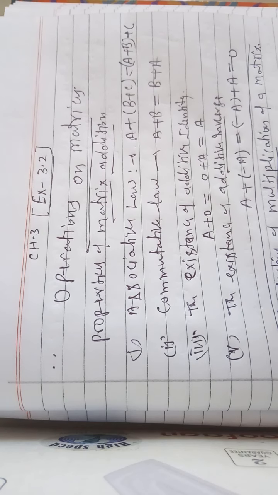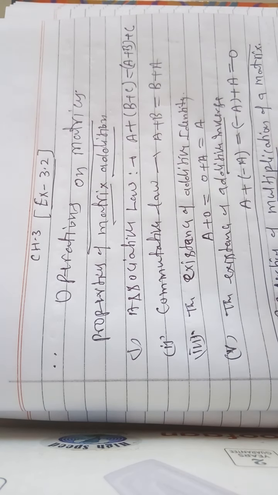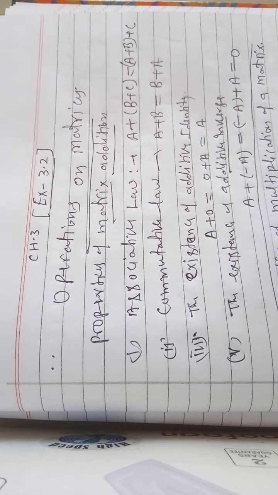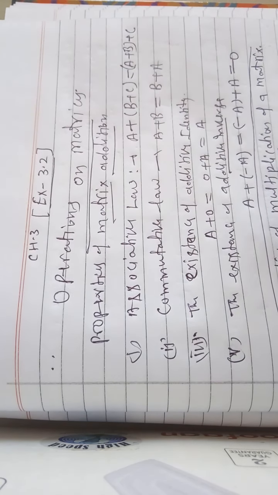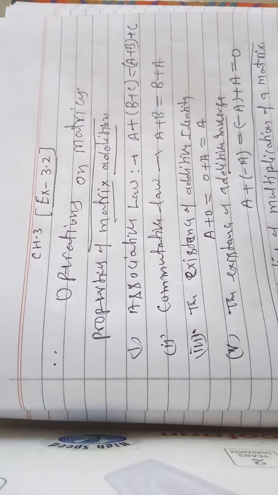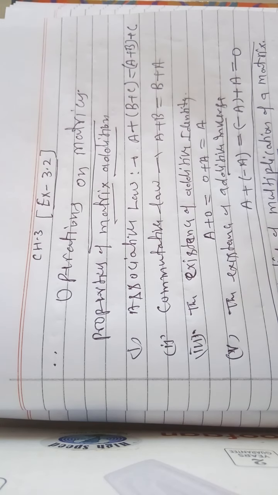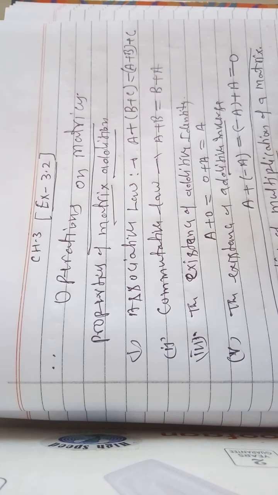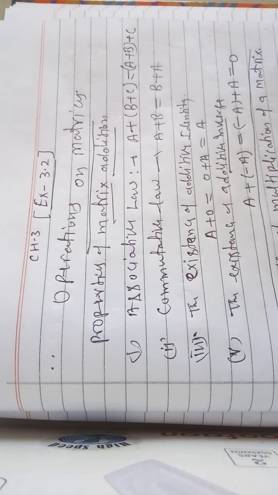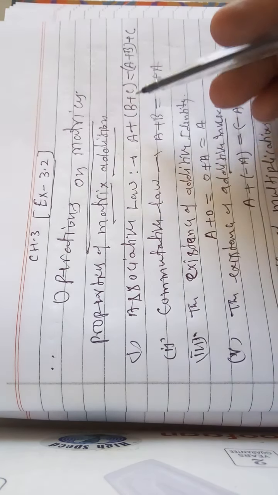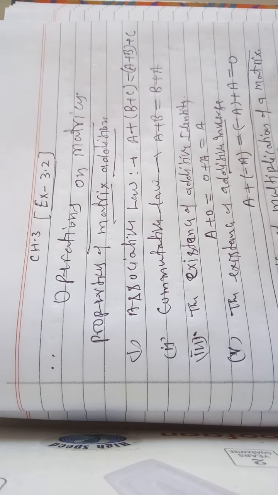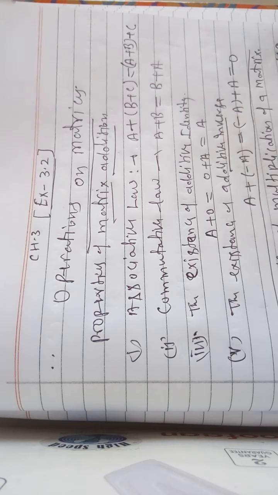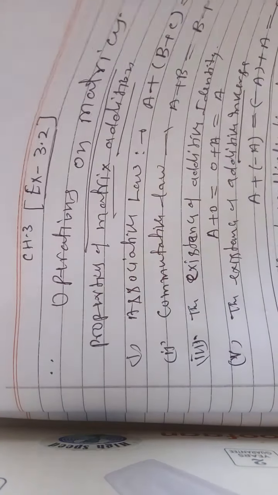So first property, the associative law, same as before. A plus B changed to multiply, A bracket BC equal to bracket AB into C, it's valid.